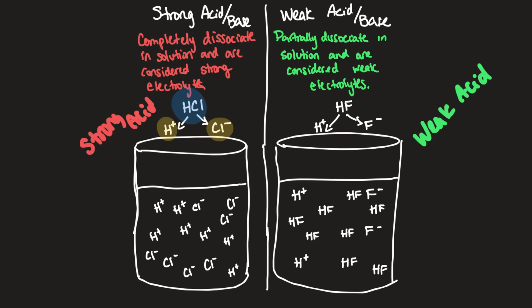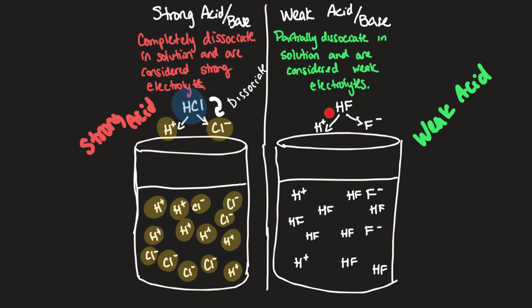Because HCl is a strong acid, all HCl molecules are going to dissociate. In the solution, you see nothing but hydrogen ions and chloride ions, because it completely dissociates 100% of the time. All strong acids will do this.